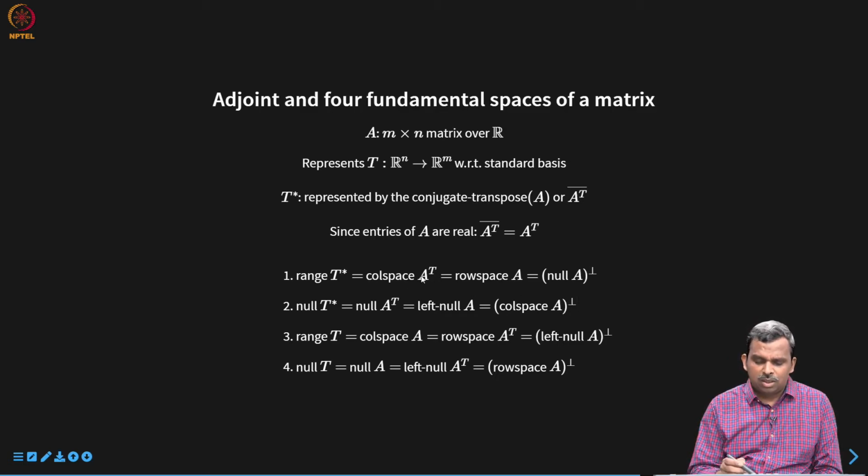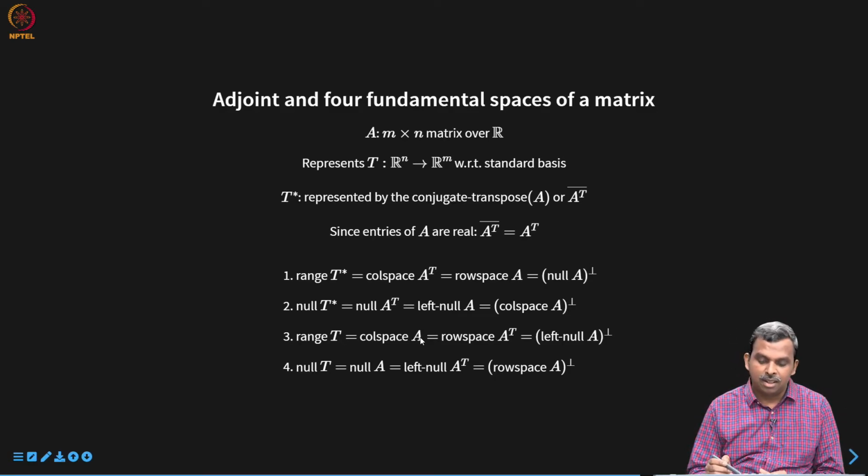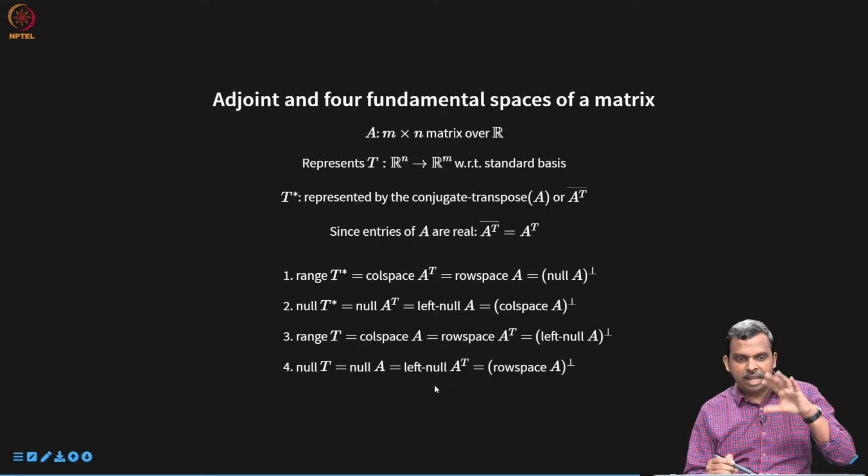Okay. So the same things we had on range of T and null of T star, all those connections clearly play out and give you a very nice grasp if you look at it in terms of the 4 fundamental subspaces of the matrix. It is A and A transpose, rows become columns. If you look at null, the null will be a complement for the row space, left null will be a complement for the column space, that is it.